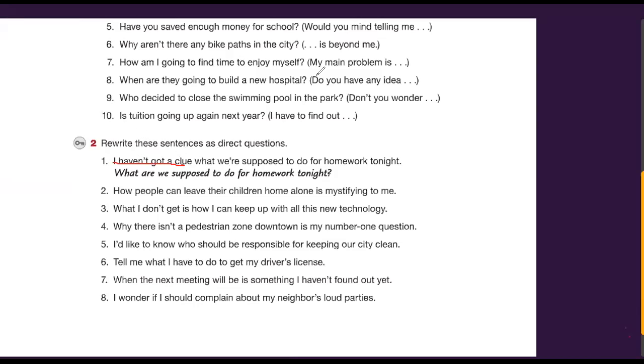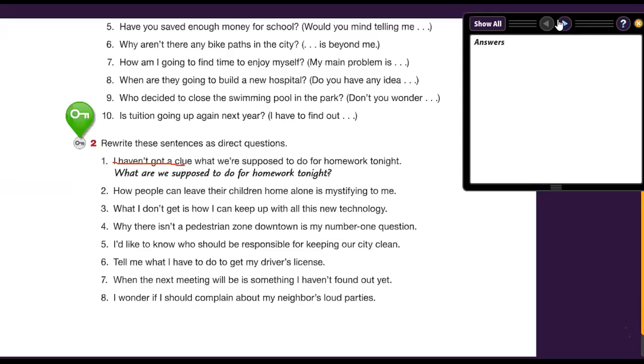Okay, number 2. How people can leave their children home alone? Okay, we have to put it in question form. Exactly. Don't forget that's question form. Then it is, how can people leave their children home alone? Okay.